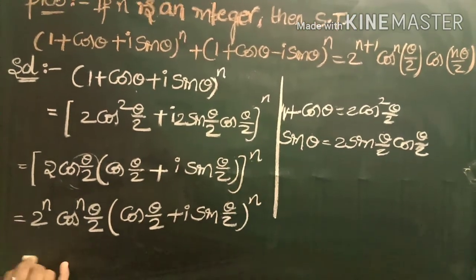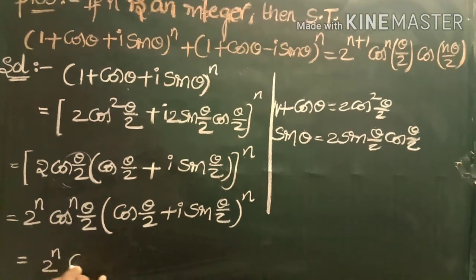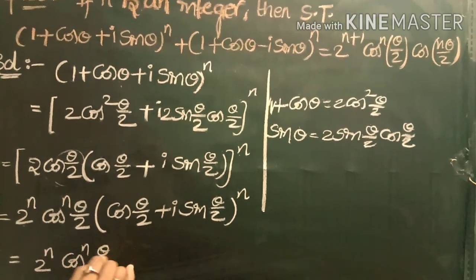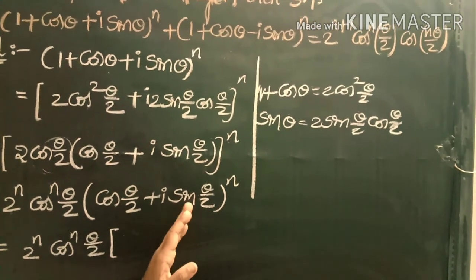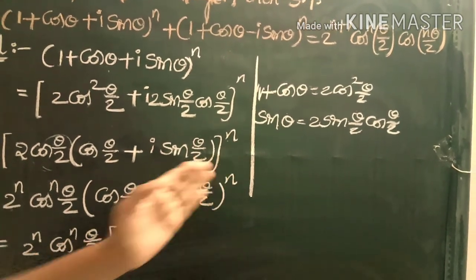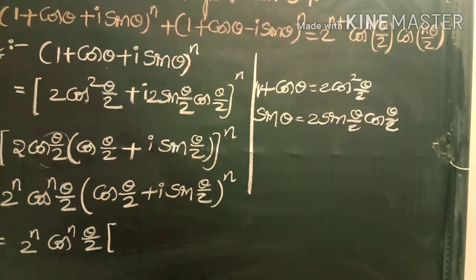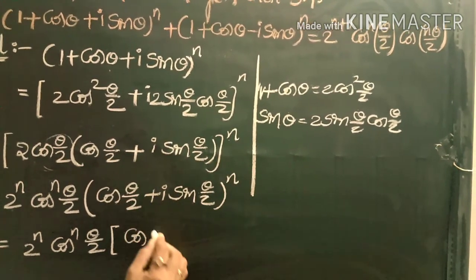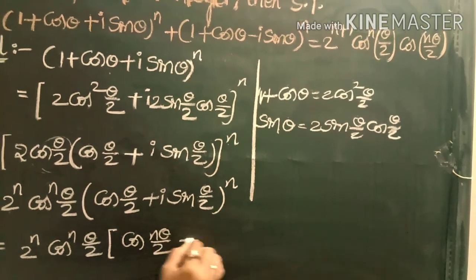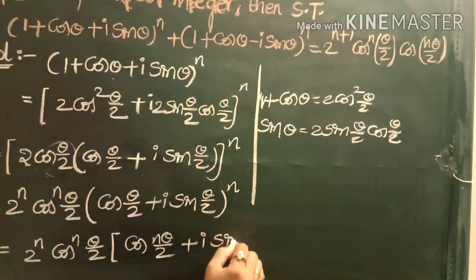This is equal to 2 power n into cos power n theta by 2 into, now this is in the form of (cos theta + i sin theta) whole power n. By applying De Moivre's theorem we get cos n theta + i sin n theta, that is cos n theta by 2 + i sin n theta by 2.